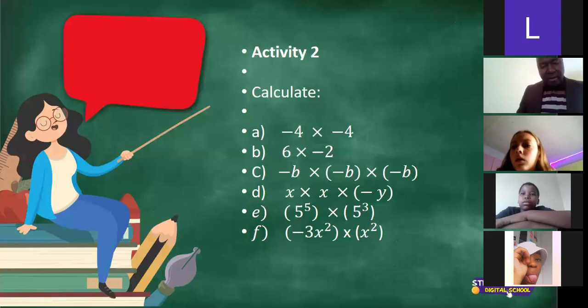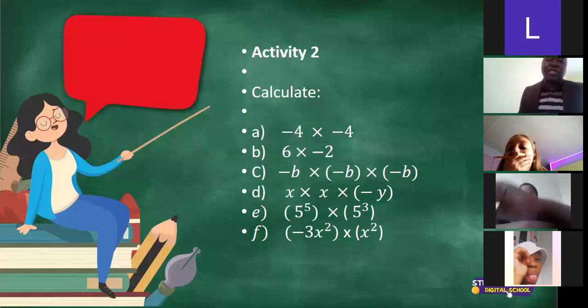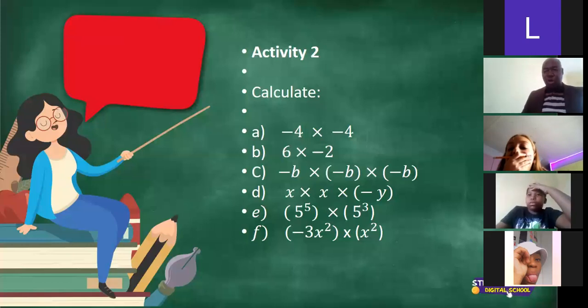So -4 times -4 will give you positive 16. 4 times 4 is 16. So negative times negative is positive. Therefore, your final answer in A would be 16.